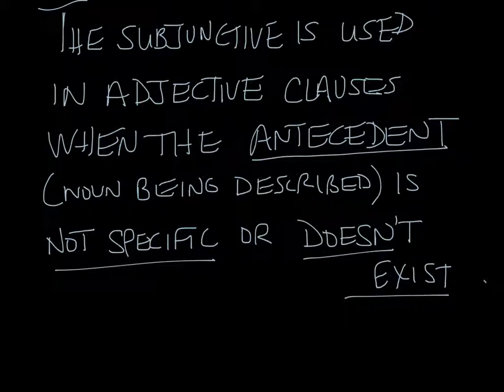There'll be different clues and triggers that will help you figure that out, which I will explain in future slides. If it is not specific or doesn't exist, we will use the subjunctive. If it exists or it is specific, we will use the indicative.